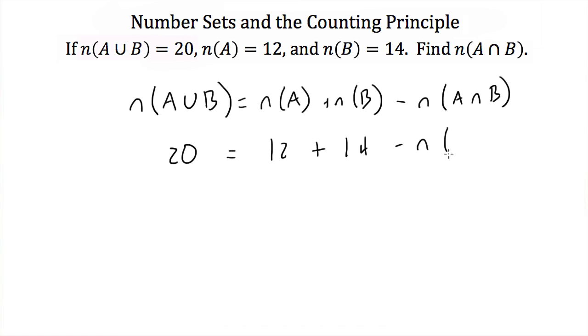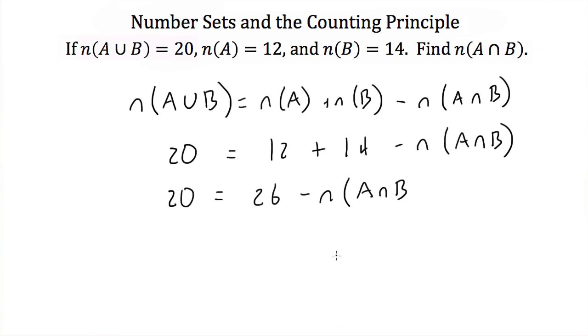And we want to find the number A intersection B. Well, we have 20, and that's equal to 12 plus 14, so that's 26. And then we're going to subtract the intersection of A and B. If we rearrange this, we'll find that the number of elements in the intersection of these two sets, A and B, well, that's equal to 6.